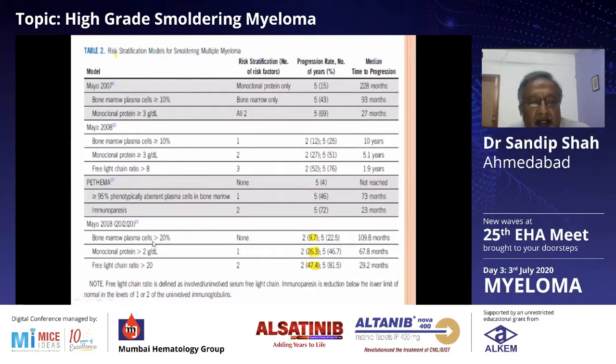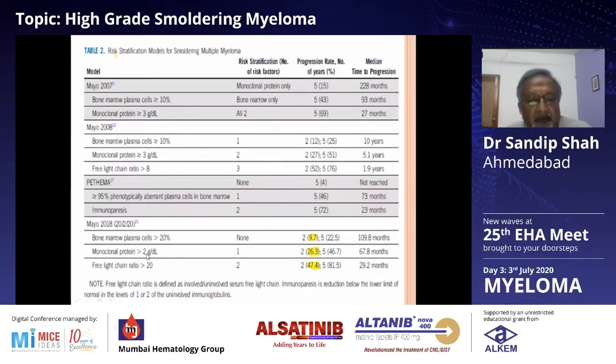And the current risk model which is commonly used is Mayo 2018, which is popularly known as 20-2-20. Bone marrow plasma cells are more than 20%, monoclonal protein is more than 2 gram, and free light chain ratio is more than 20.